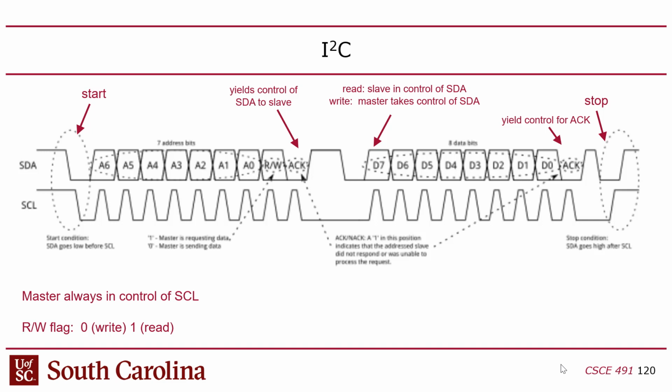The data should only change, all of these data transitions are when the clock is low. The only exception to that is the start and the stop signals. Okay, so the start and the stop is the one time where, notice the clock is high and the data drops, it goes down, it changes, right? It has a falling edge. That falling edge happens while the clock is high.